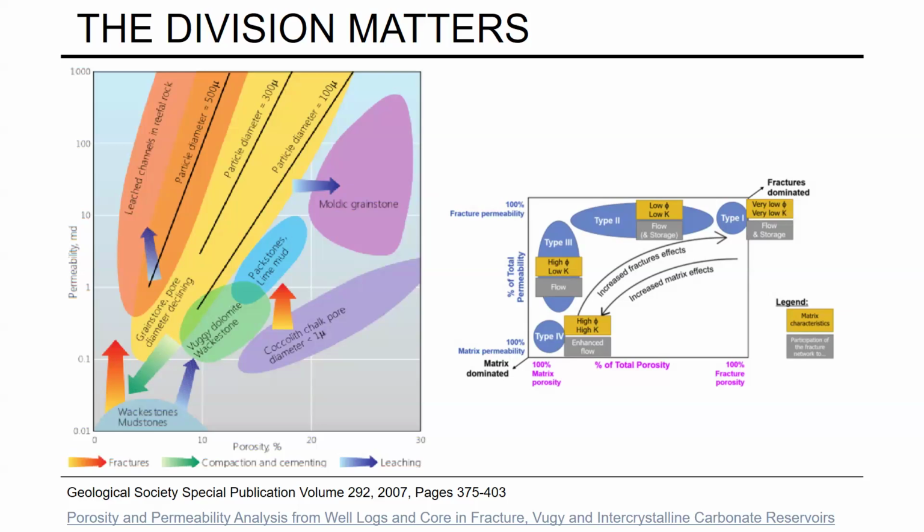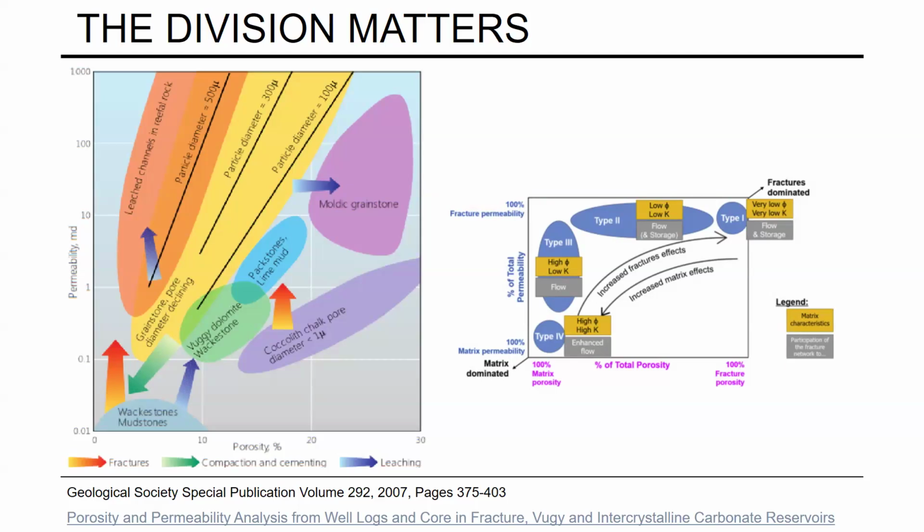If you are producing from an environment dominated by moldic grainstone, you will have a type 2 kind of lithofacies, where the flow will be more dominated by fractures compared to matrix.